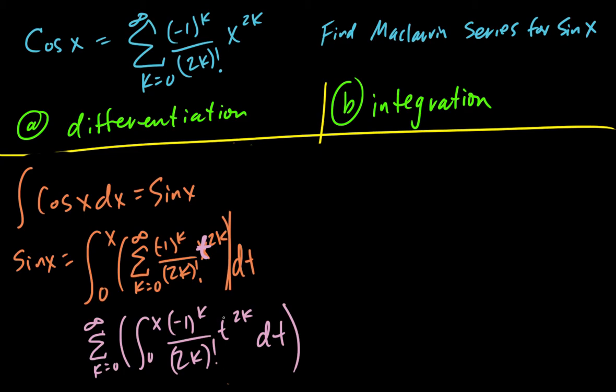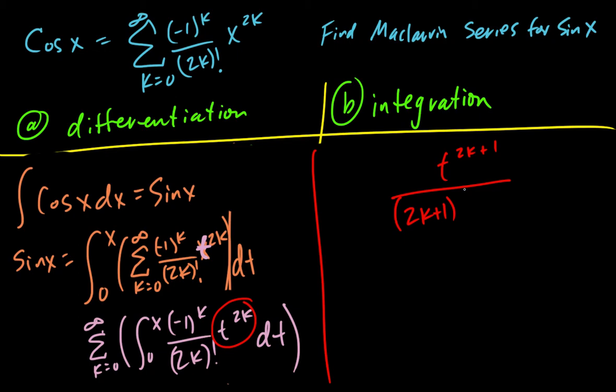Okay, and then if we take the antiderivative of this, we're going to raise this by 1, divide by the new exponent, and then just rewrite the rest of the stuff.